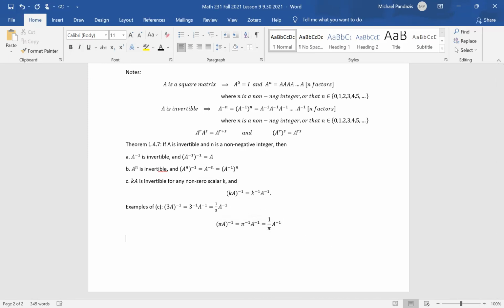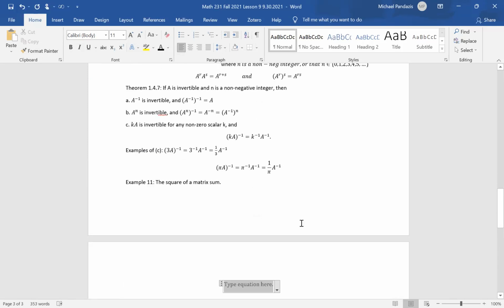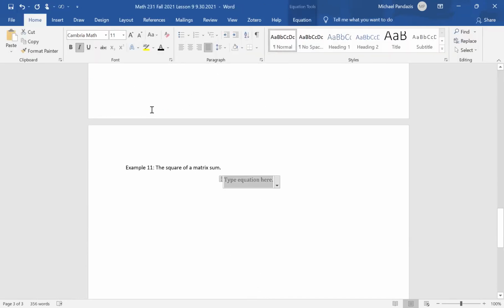Okay, let's keep going. So example 11 is the square of a matrix sum. So let's say you take A plus B and you square it. Well, just like regular algebra, that would be A squared plus 2AB.